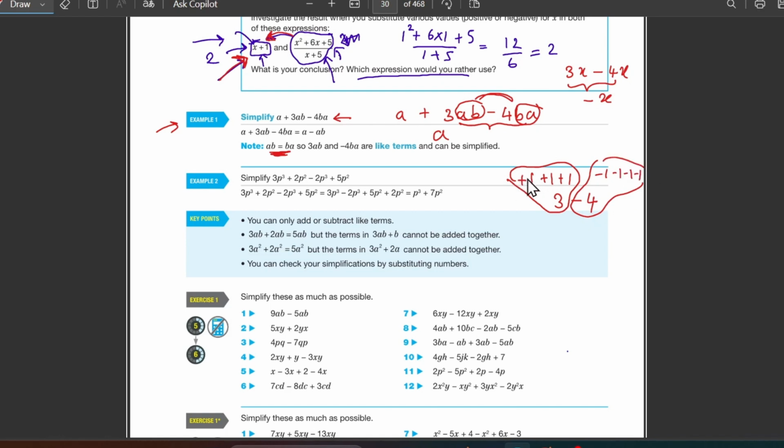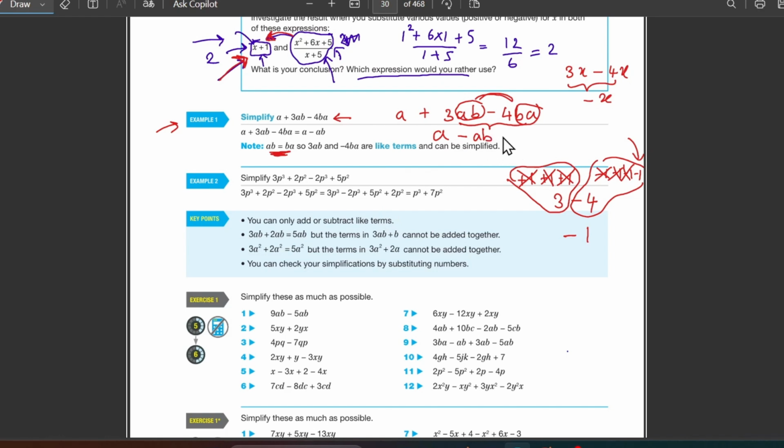So when we cancel these things out, plus 1 and minus 1 will be cancelled out. Again plus 1 and minus 1 will be cancelled out. Again plus 1 and minus 1 will be cancelled out. So we are remaining with minus 1. So that way also we can think of the answer. So similar to that, we get here minus AB.